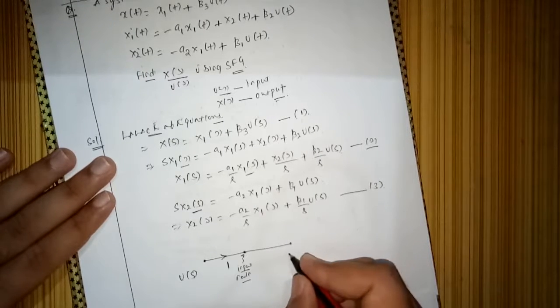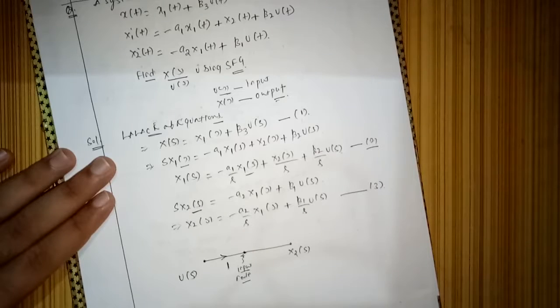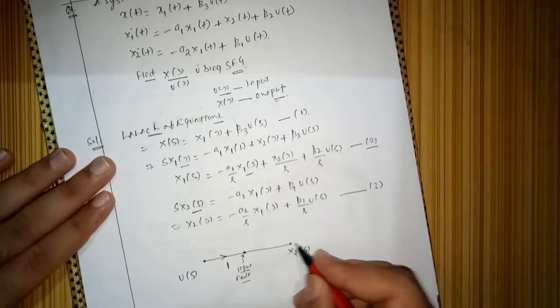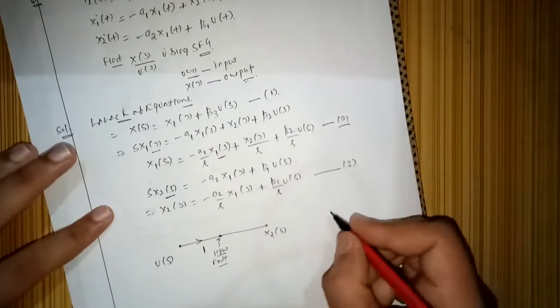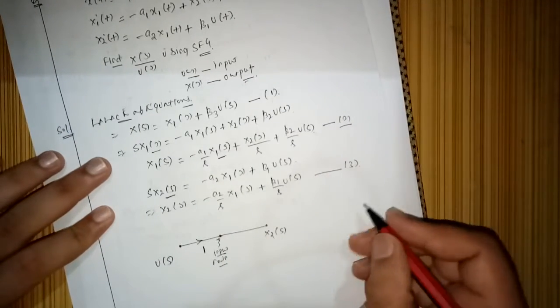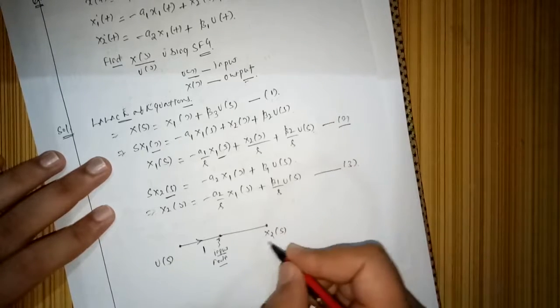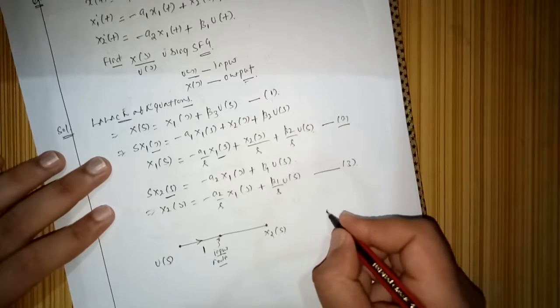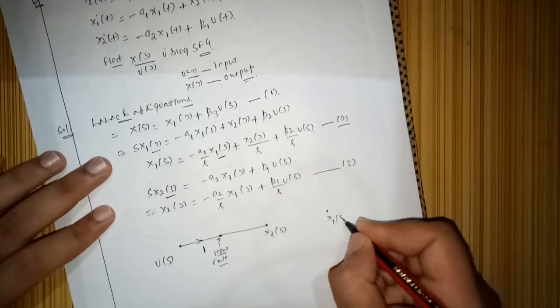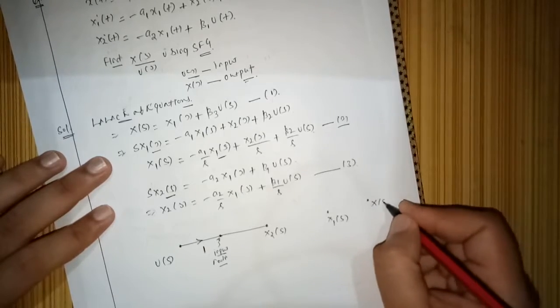So I can represent x2(s) here. It is not unique; we can rather represent x2(s) here or x1(s) here, that is your wish. Only the graph will change a little bit. For the very simple graph I am taking this, and you can take the other way also. This is x1(s) and here let's say X(s).